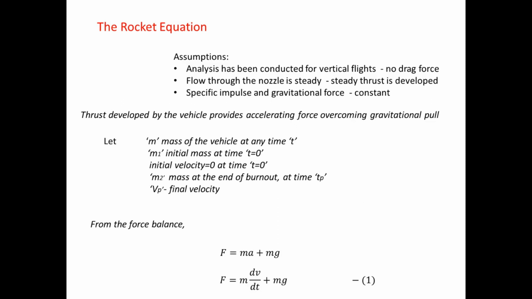When deriving the rocket equation, the basic assumptions you take are, first of all, that the flight is vertical. We are going to consider only vertical flights, and the total drag force is assumed to be 0. Whenever a rocket flies, obviously drag force will be there because air resistance will be there.